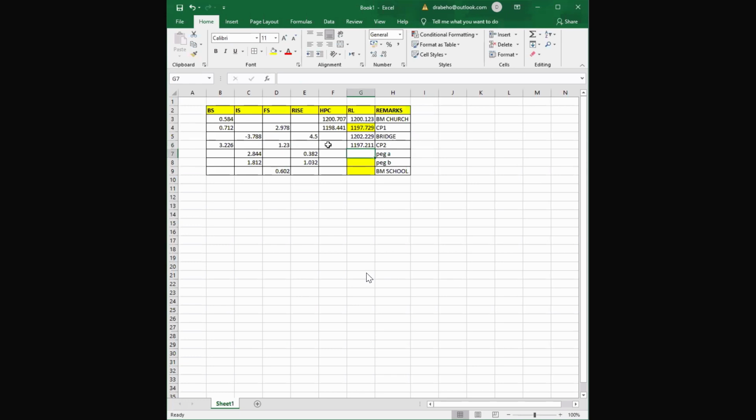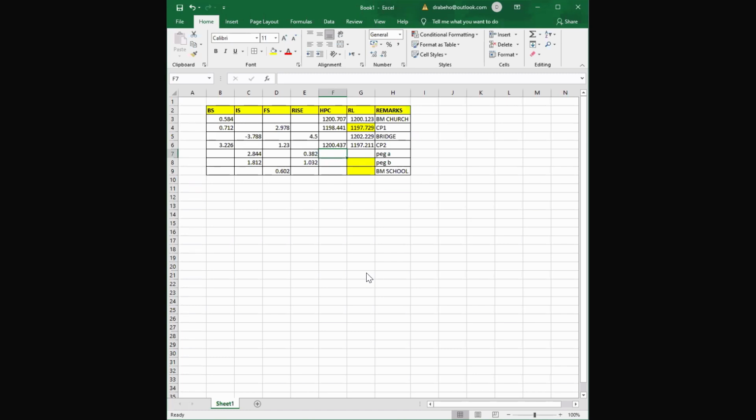Then the height of collimation at CP2 will be this reduced level plus the backside. So at every backside, we have a height of collimation, because the instrument height has changed and the line of sight has changed, so we have to re-establish the reduced level of the line of sight. Okay, madam, understood. Is that clear? Yes.